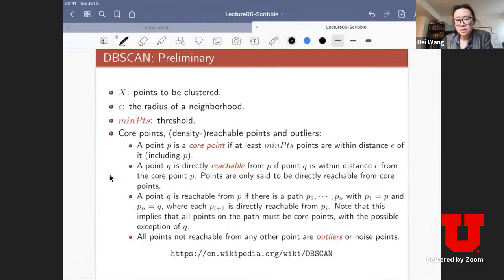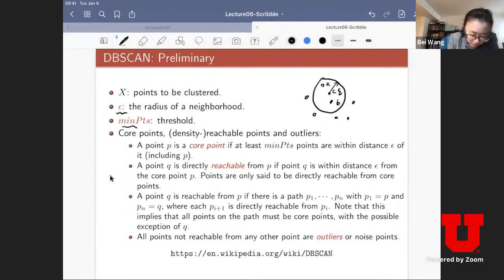So the initial thing is I have points X, and I have a parameter epsilon, which describes the radius of a neighborhood. So if I have points like this, and if my epsilon is this parameter, then the points A and B are neighbors of C. So you basically think about drawing a ball of radius epsilon surrounding a point.